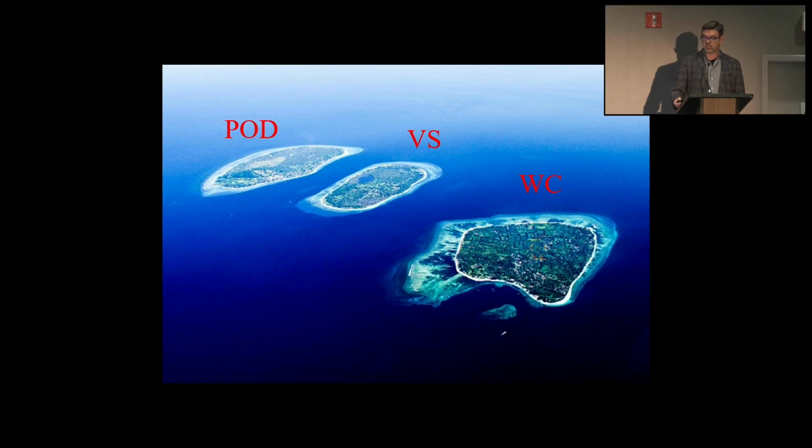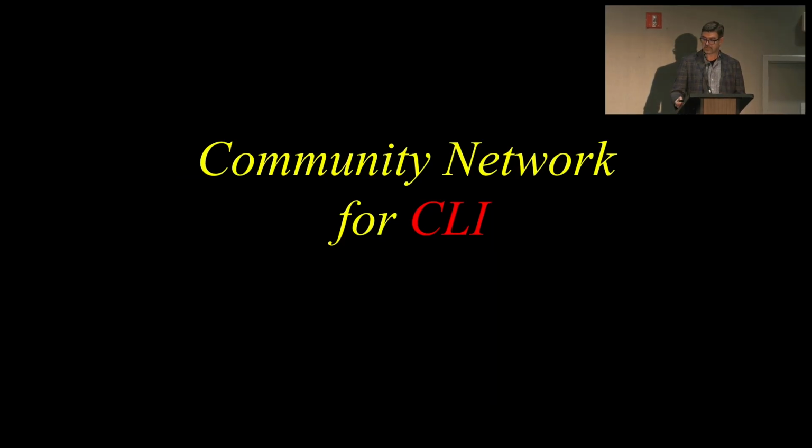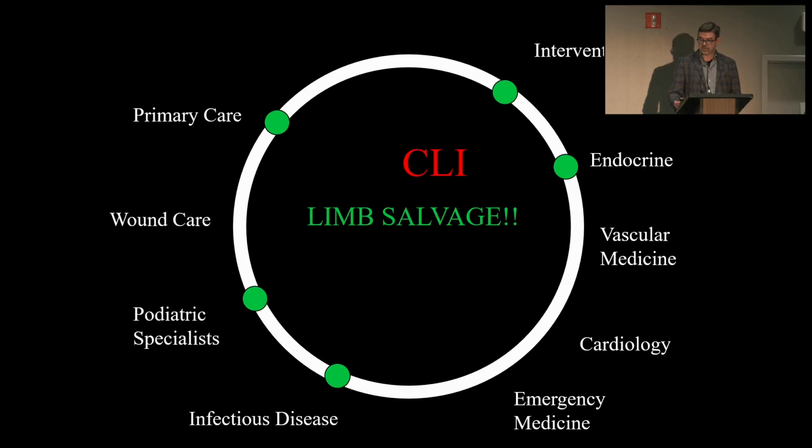We really don't want to work on individual islands. We really want to surround CLI together. We use the best of each of our specialties, and that way we get the best for our patients. When we have a community network for CLI, and that's kind of a concept that I wanted to drive, if a patient comes in with primary care, or maybe through the endocrinologist or through the emergency medicine room, they need to get them to an interventionalist or a podiatrist that gets how to work towards limb salvage.